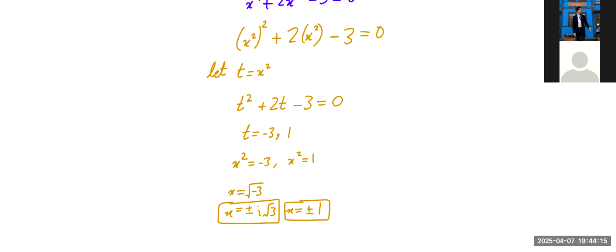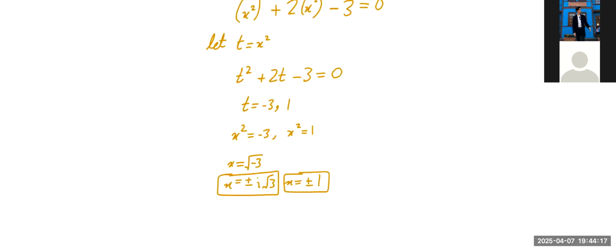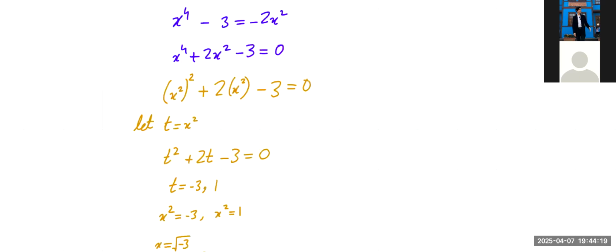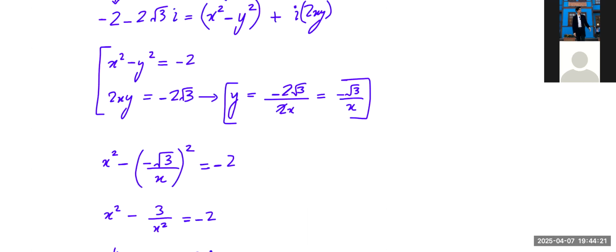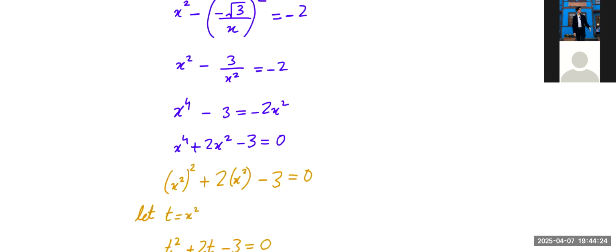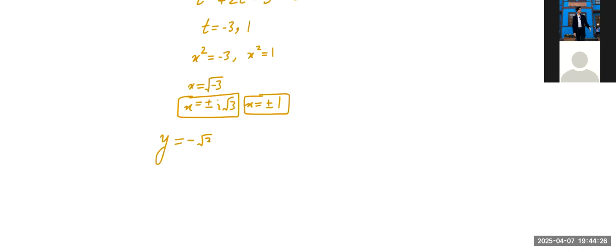So with these four answers, finally, we can find y. What is y? Earlier, we said that y is negative root 3 over x. So y is negative root 3 over x, which means that you have a bunch of choices for y now.